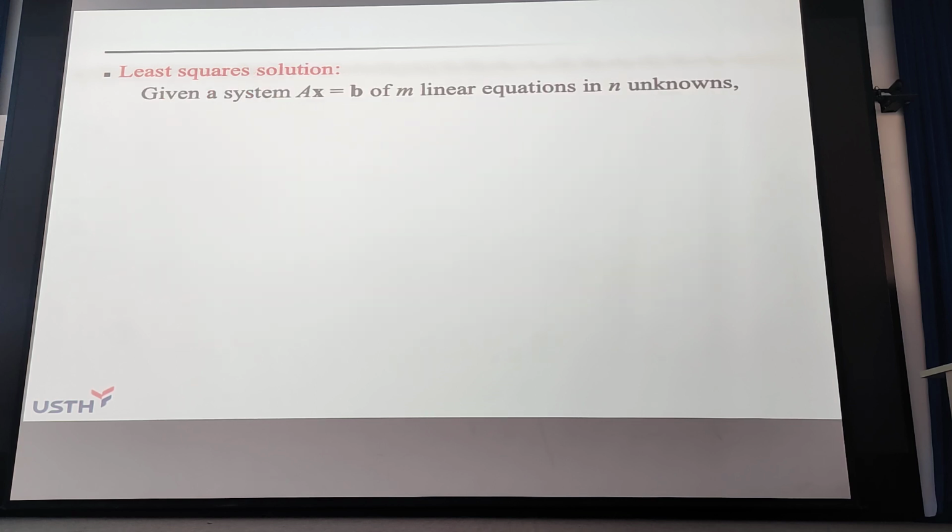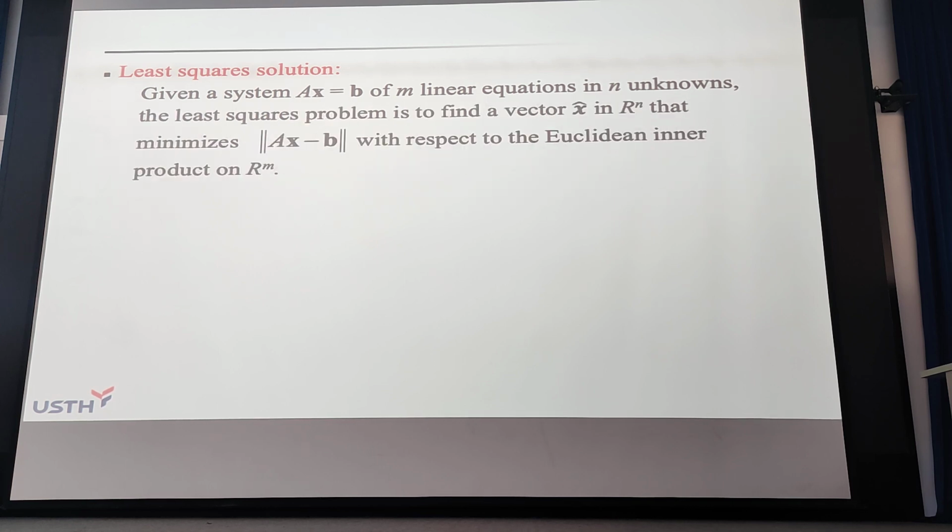So we are going to do as follows. Here, suppose that Ax equals b is a system of m linear equations in n unknowns. So we need to find a vector I denote by x hat, a vector inside Rn, so that the length or the distance between Ax and b is as small as possible, or we need to find the x hat that minimizes the value here.